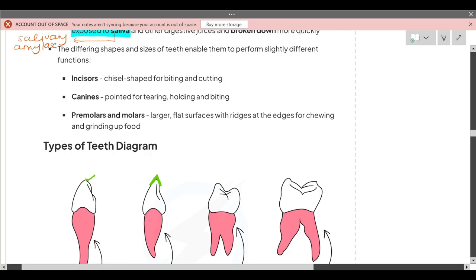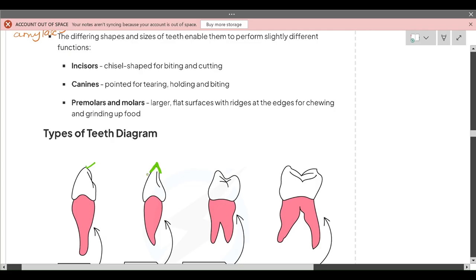The premolars and molars are quite different, and they are used for chewing and grinding up food. The canine is used for tearing food. The incisor is used for biting and cutting the food. And both premolars and molars are used for grinding and chewing the food.